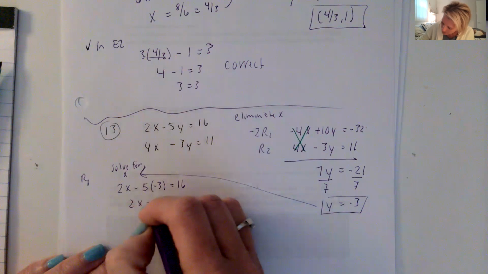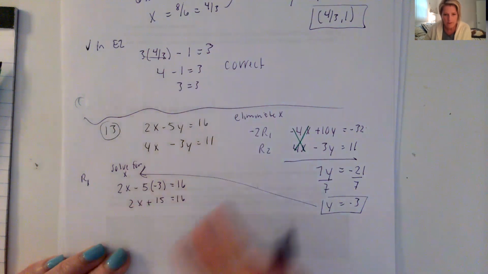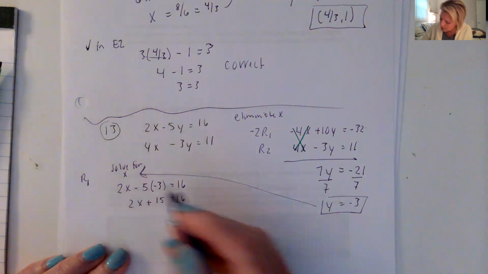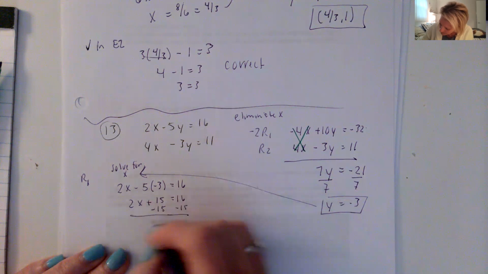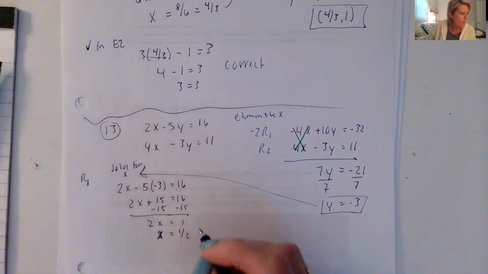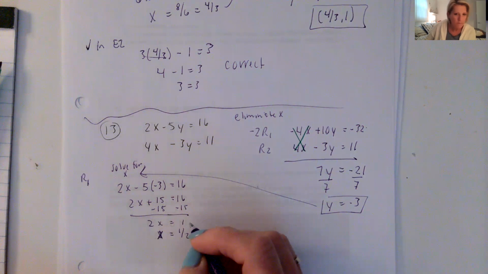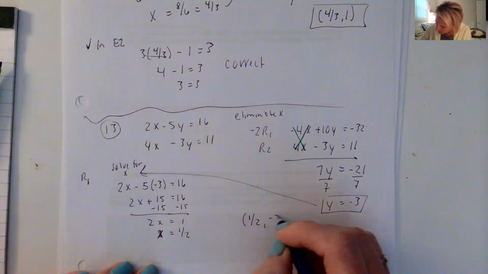So 2x plus 15 equals 16. And look at that, we're always building on our solving skills that we learned back in chapter 2. So I'm going to subtract 15, and then I'm going to divide by 2. So x is 1/2. Okay. So I think my point is 1/2, -3.